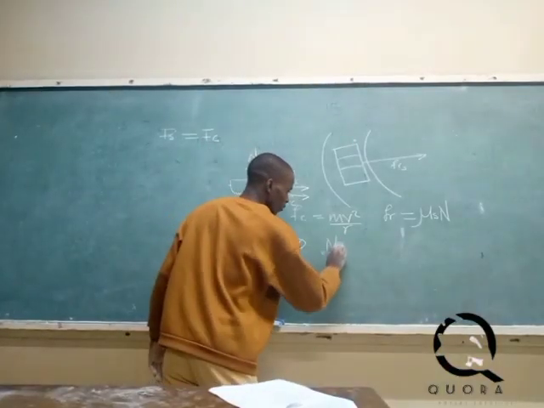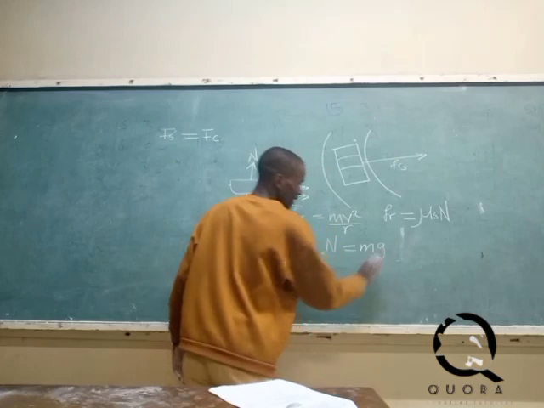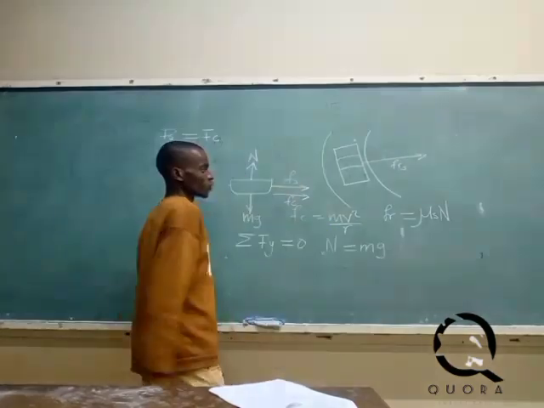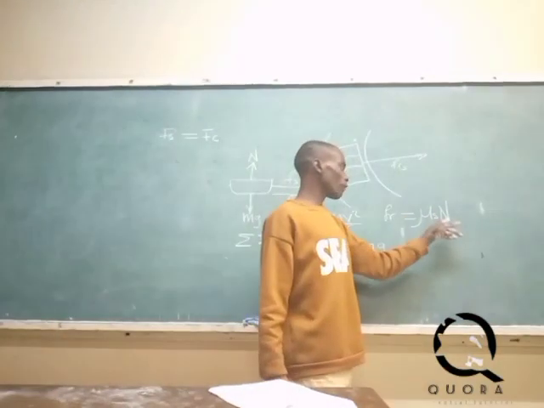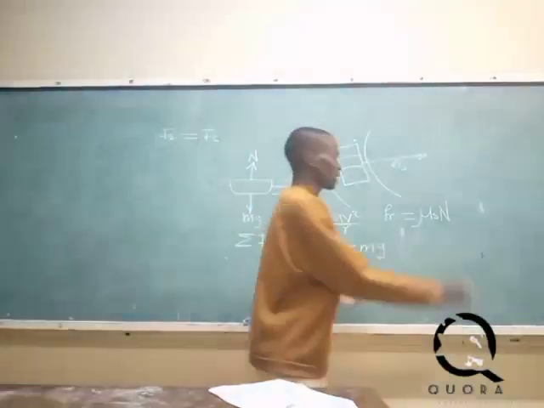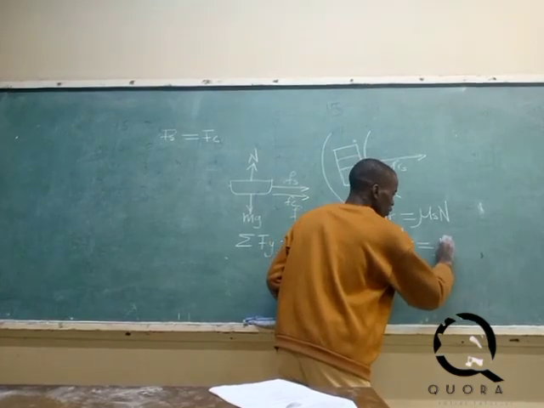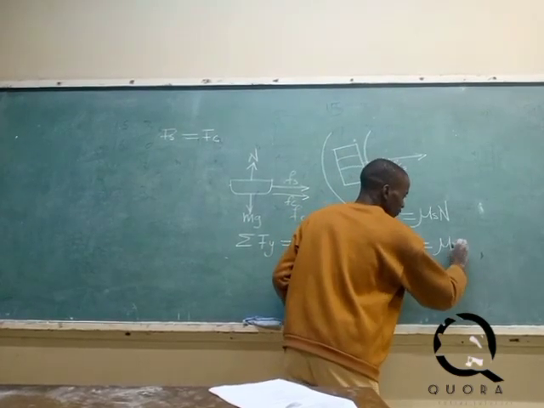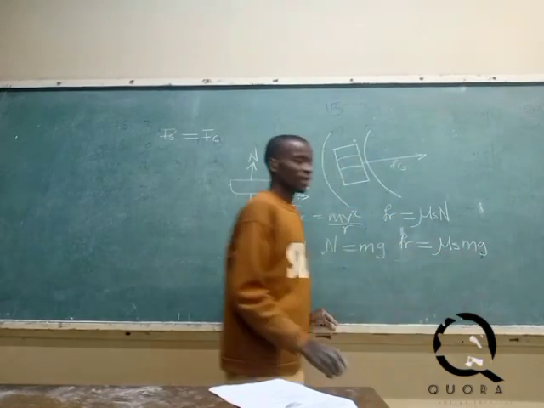So I'll say the normal force has to be equal to the mass of the car multiplied by its acceleration due to gravity. Meaning that the friction force is equal to the coefficient of static friction multiplied by mass multiplied by gravity. Why?